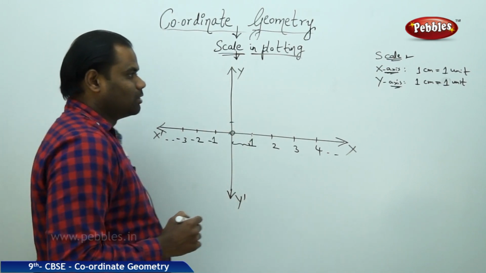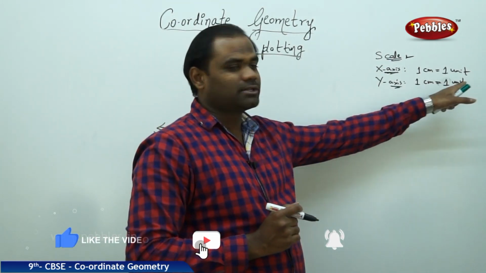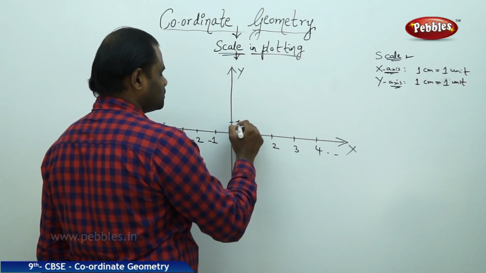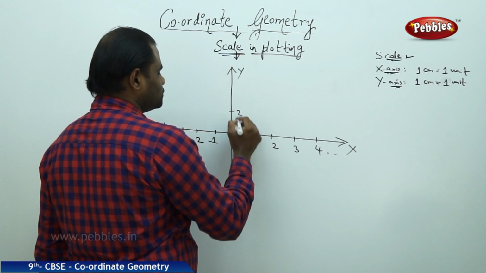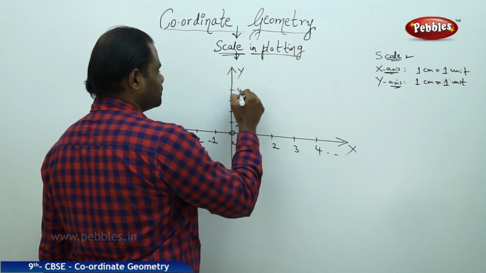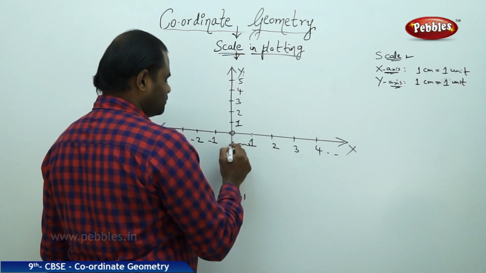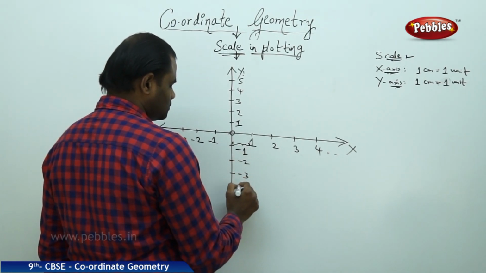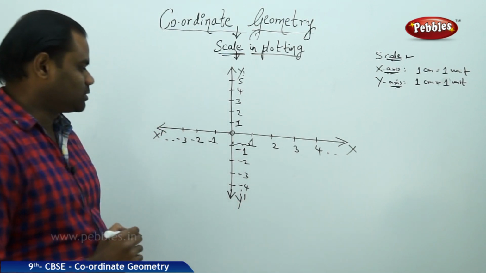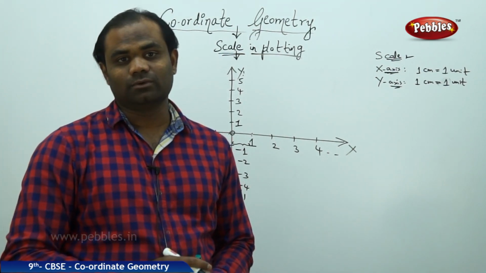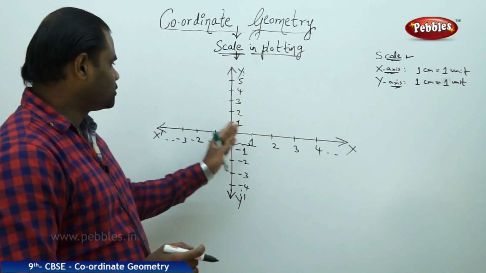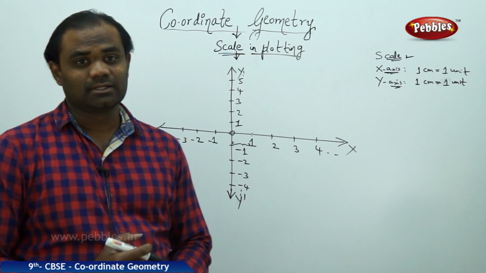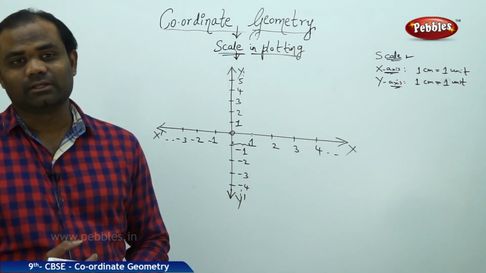Because I also refer my y-axis with 1 centimeter equals 1 unit, I have this to be 1, 2, 3, 4 and 5, and this would be -1, -2, -3, -4 and so on and so forth. So I have each of the coordinates plotted on the scale of x and y axis. This is how we plot the scale.